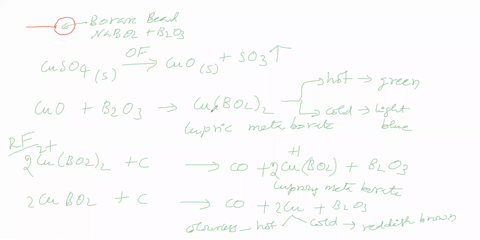Cupric metaborate formula is Cu(BO2)2. Metaborate is BO2 minus and cupric is Cu plus 2. This cupric metaborate in hot condition shows green color, and in cold condition shows light blue color.